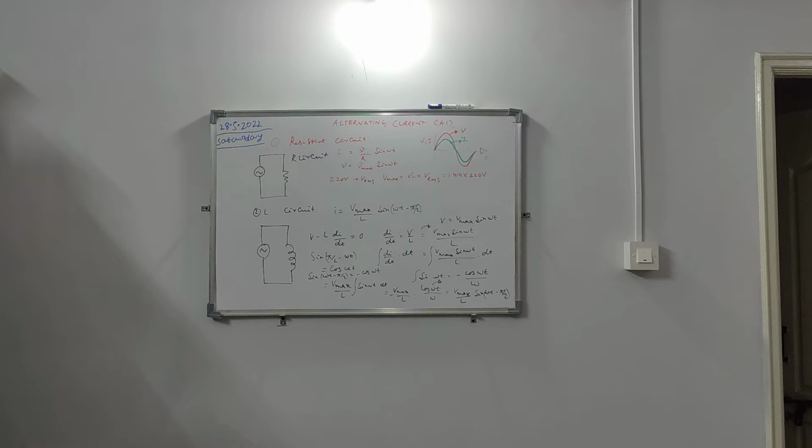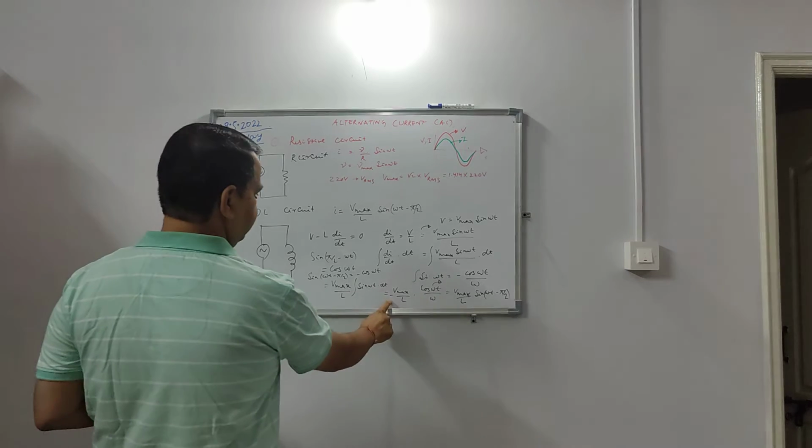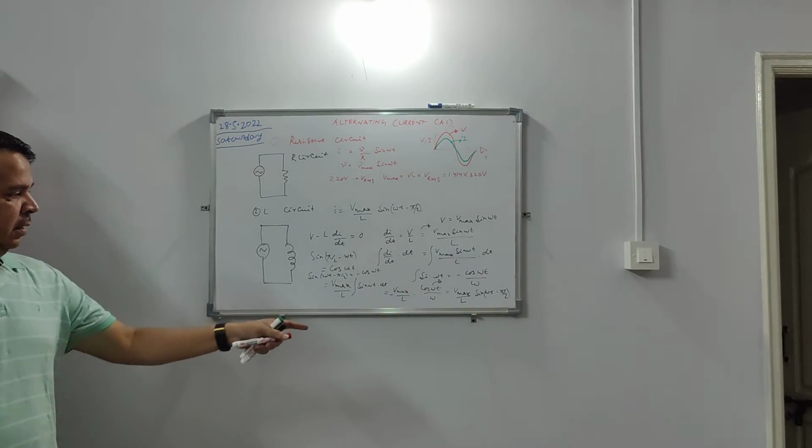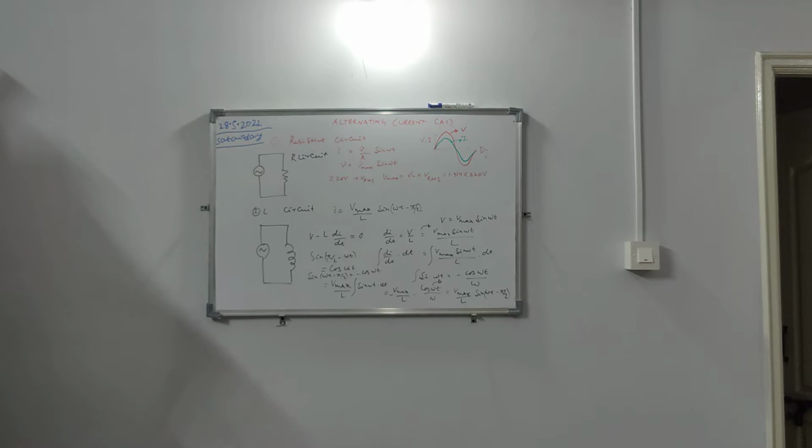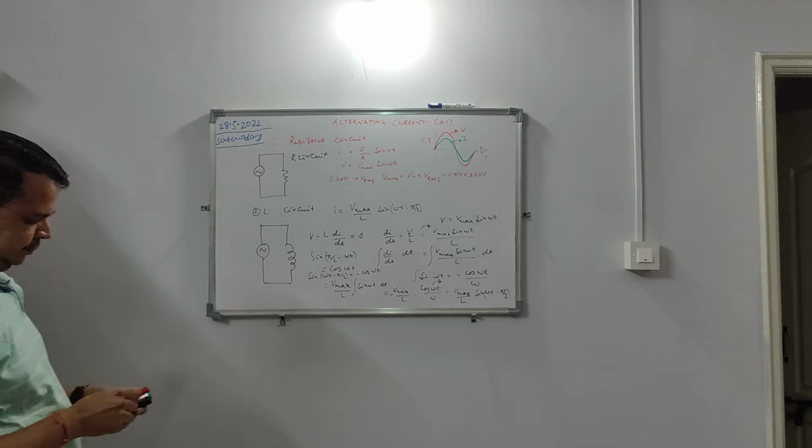Where did the minus go? Because minus cos omega t is nothing but sin of omega t minus pi by 2, not pi, pi by 2, with the minus sign.